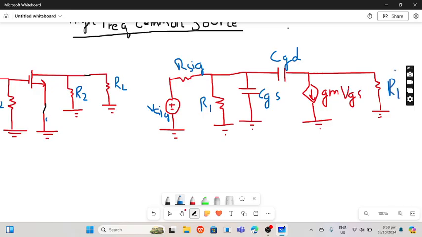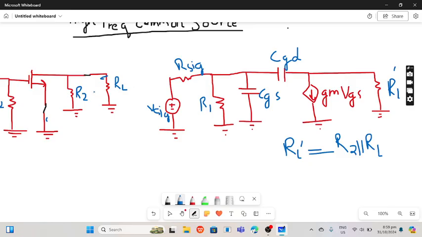I will just say that RL is in parallel with R1. One thing I want to tell you is that in that area there is also a high frequency capacitor. I have not placed it, but you can place it here in parallel with this, and we also include the early effect resistance RO.